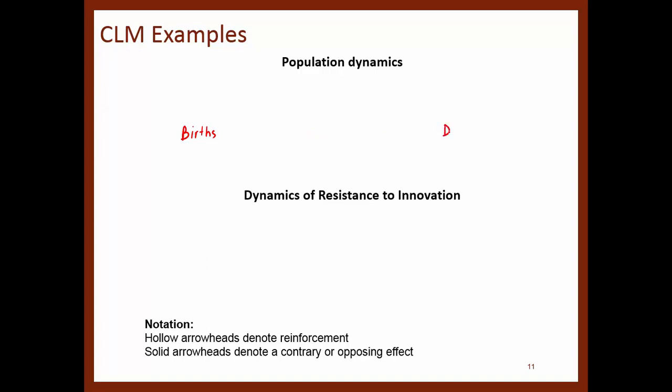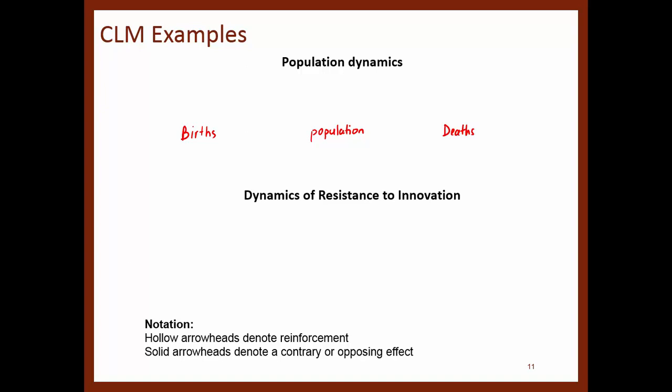On the other side, we can list the deaths, and we're going to see how those impact the population. Okay, so we have the population, we have 2 variables, births and deaths. So as I mentioned, we want to define our notation.